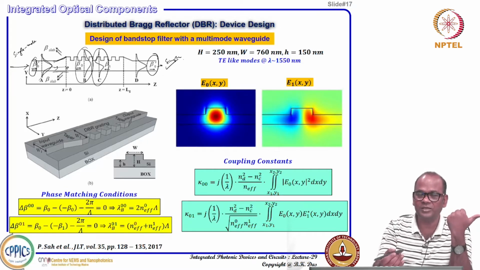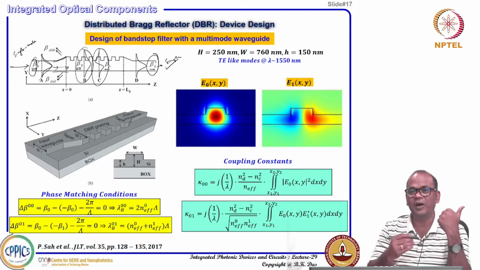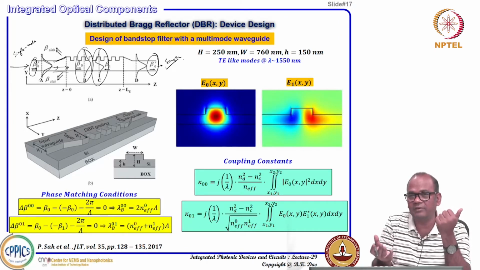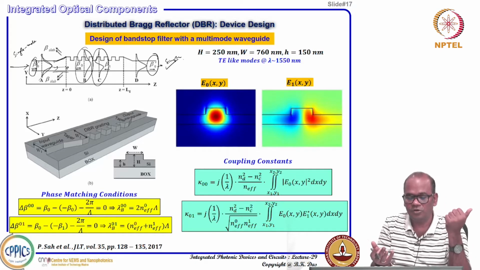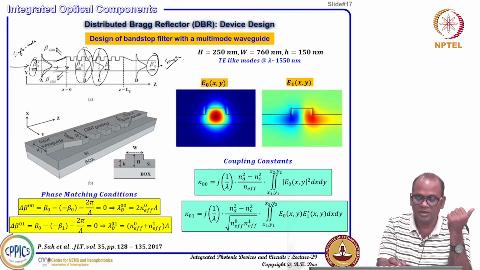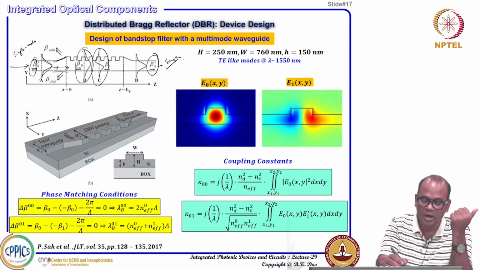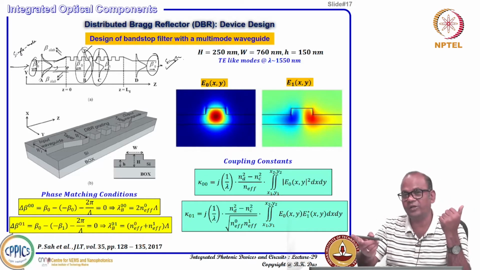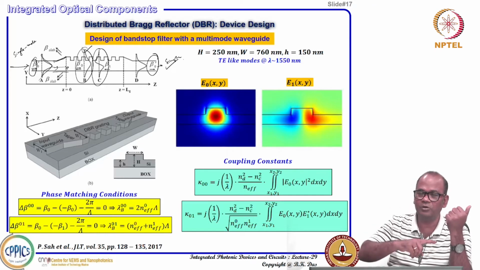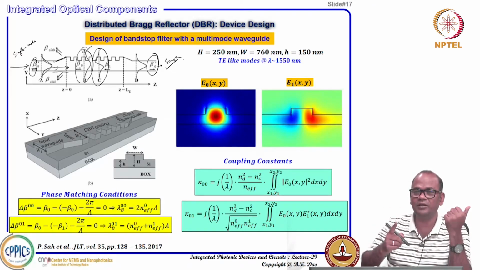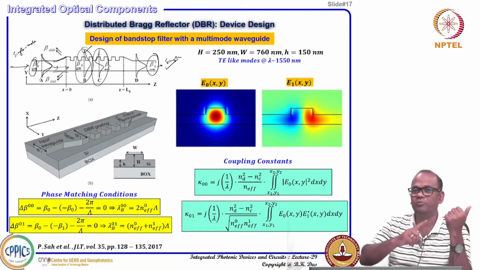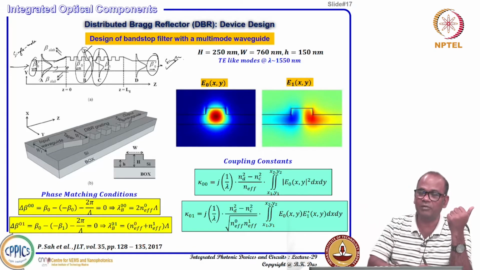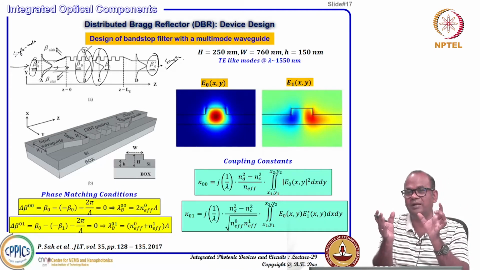Once it is phase matched, and if the overlap or coupling strength is non-zero, you get one reflection band due to coupling between the forward and backward propagating fundamental modes, and another band because of coupling between the forward propagating fundamental mode and the backward propagating first order mode. So, you can expect two stop bands.